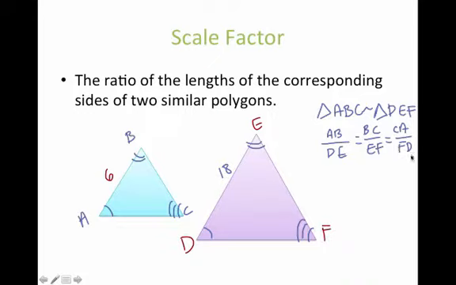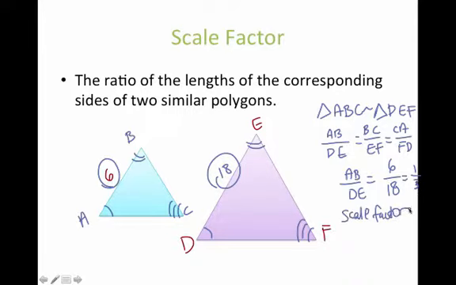But if we're trying to find the scale factor from triangle ABC to triangle DEF, it would be consistent in the ratio of AB to DE, these two sides that I know the lengths of, which would be 6 to 18, which is 1 to 3. So the scale factor from triangle ABC to triangle DEF is 1/3.